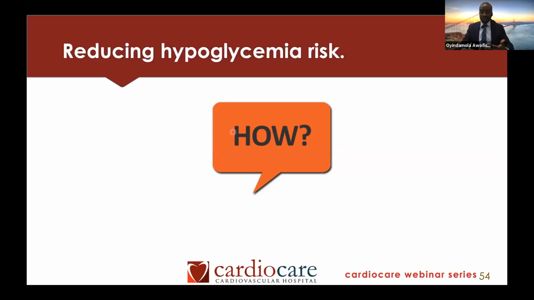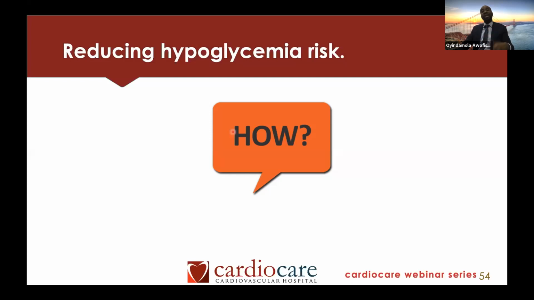Okay, so the things we do to reduce hypoglycemia is to make sure that number one, does this person really need the insulin? Is there a need for insulin here? Does it make sense? So that's one. And then secondly, you have to make sure that the regimen that you are prescribing is the optimal regimen for the patient. You're choosing a regimen based on efficacy, based on safety as well.